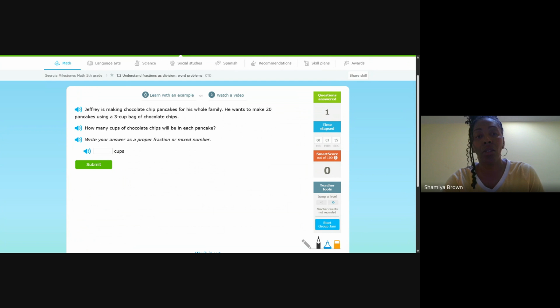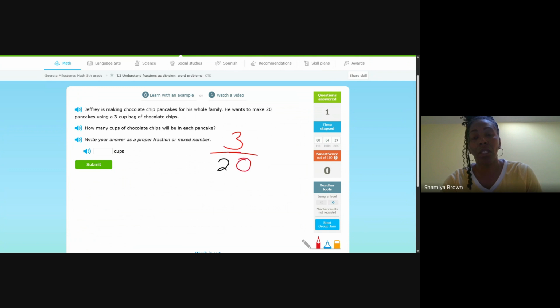So Jeffrey is making chocolate chip pancakes for his whole family. He wants to make 20 pancakes using 3 cups bags of chocolate chip. So there's going to be 3 cups bag split into the 20 pancakes.